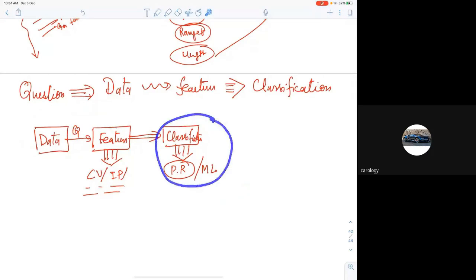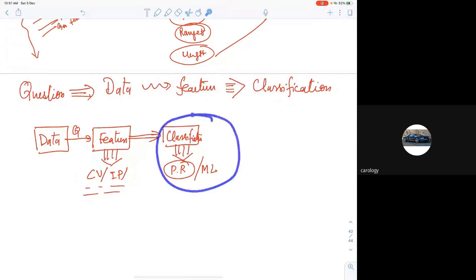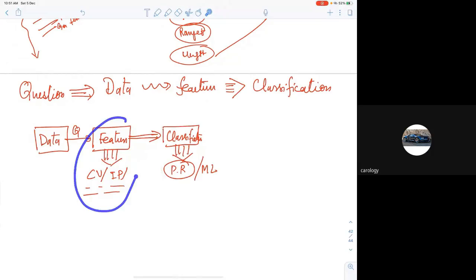Features are saying that we need to understand what your classification problem is, and depending upon your classification problem, I'll give you some information about what type of questions need to be asked, and they will be drafted.